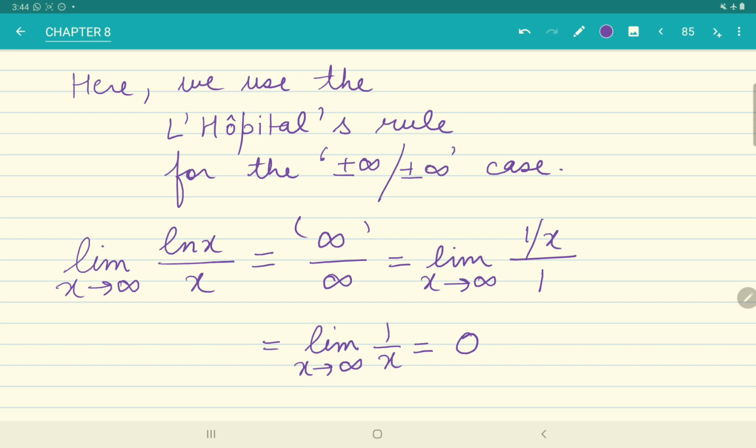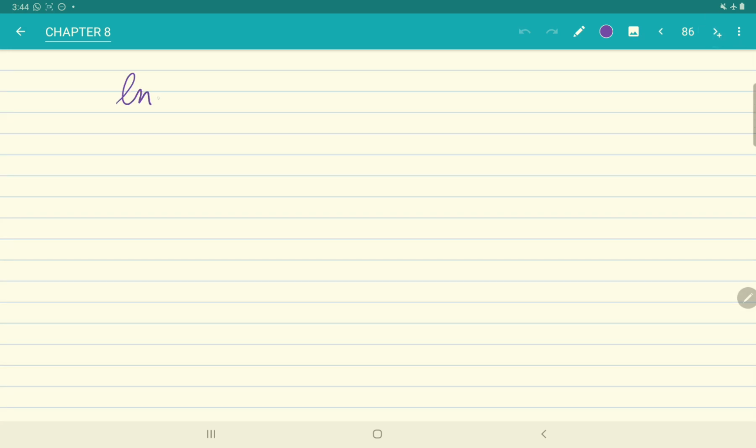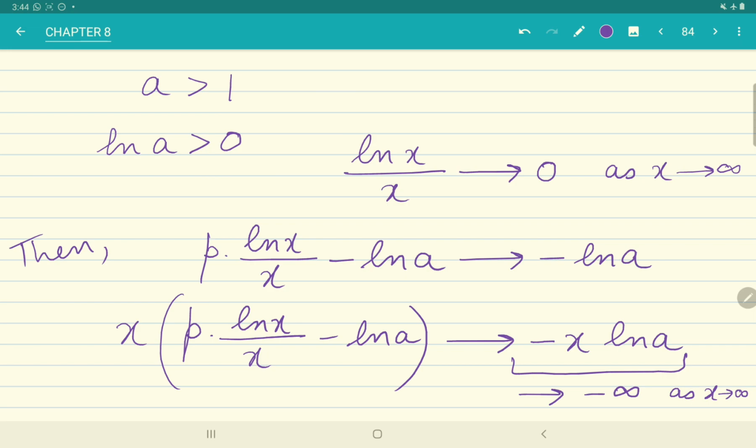So I have now proved that ln x by x tends to 0 as x tends to infinity, and that means p ln x by x minus ln a tends to minus ln a, and that means x multiplied by (p ln x by x minus ln a) tends to minus x ln a as x tends to infinity.